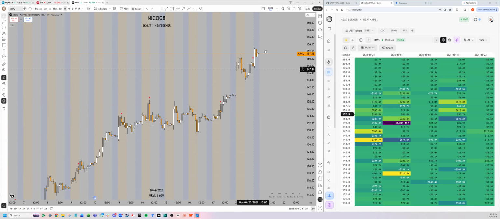Today we pulled back to 145 and got a nice bounce off of that. So Marvel did have its floor shift up pretty quickly after this gap up. So 145 held pretty nice. So yeah, I don't know at this point.